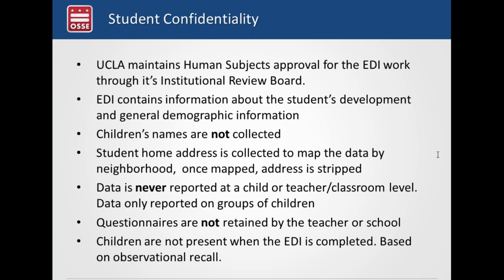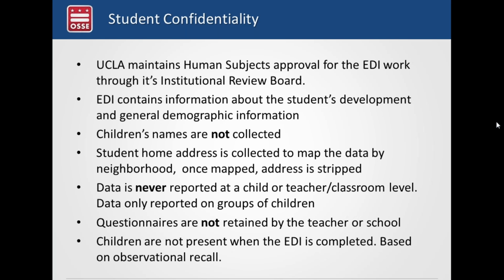Of course, whenever we're collecting child-level data, even though it's not medical data and it's only reported in aggregate, we still have a comprehensive set of confidentiality protocols in place, monitored by UCLA's Human Subjects Board, the Institutional Review Board, our IRB approval. The EDI does contain information about children's development and general demographics, but we don't collect their names.